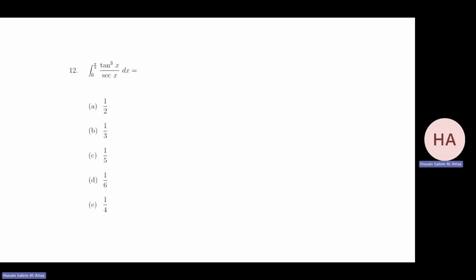Tan cubed, secant x. The power of tan cubed is odd, which is what I need. Don't forget this is secant x to the power minus 1, from 0 to pi over 3. So I need to take tan out, and I need to take secant from here also.